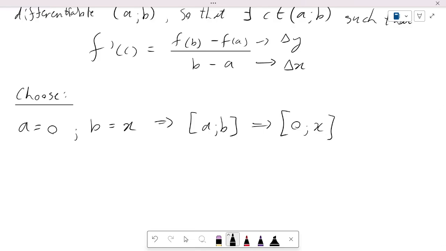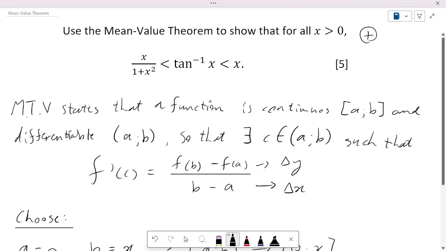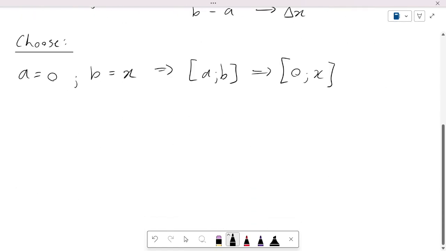So that is why I let a equal 0 over here. I know your condition says that x is greater than 0, but to make mean value theorem true, we need to let a equal 0, such that it starts at 0, right? And then x is equal to b.